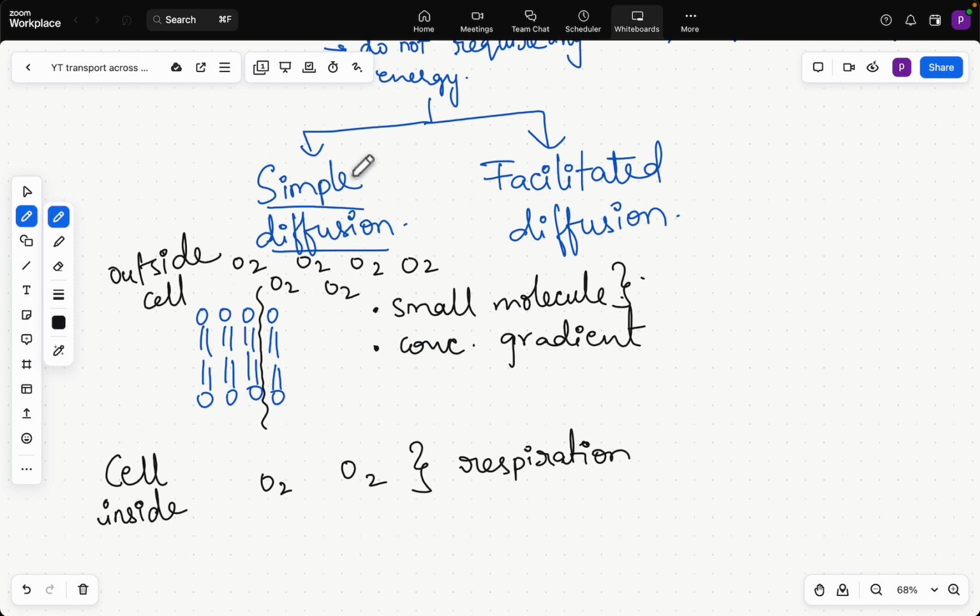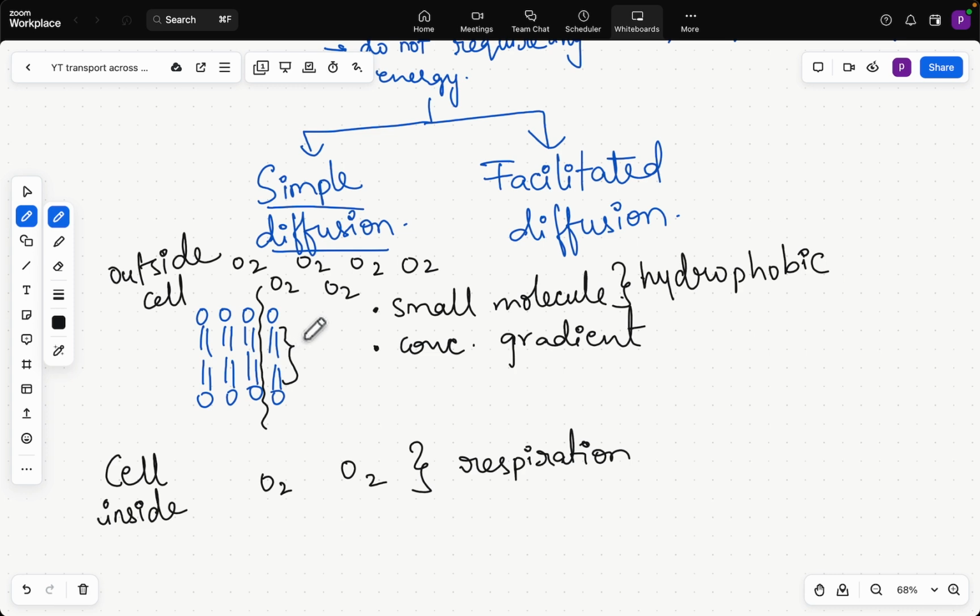So what is the condition for simple diffusion to happen? A concentration gradient, that is a concentration difference, should be there on either side of the cell, and the molecules should be small, and they should be hydrophobic. Hydrophobic molecules can also pass through this cell membrane easily. Why? Because most of the cell membrane is hydrophobic.